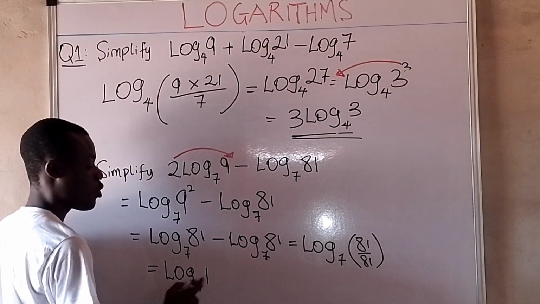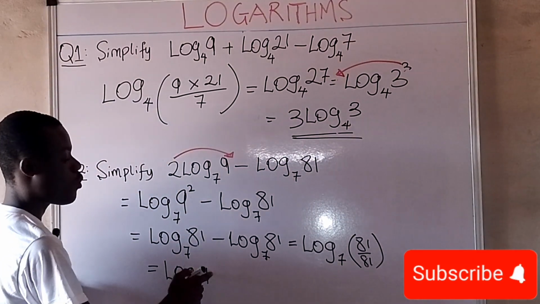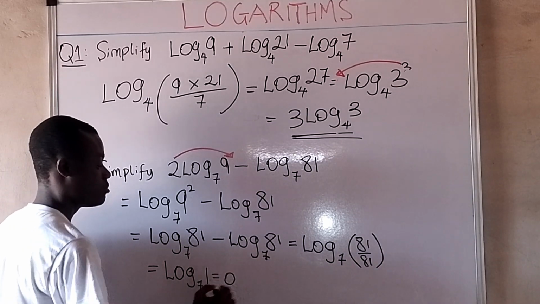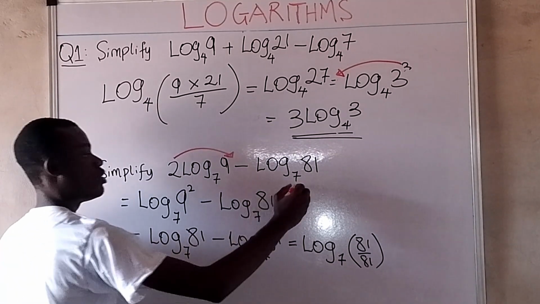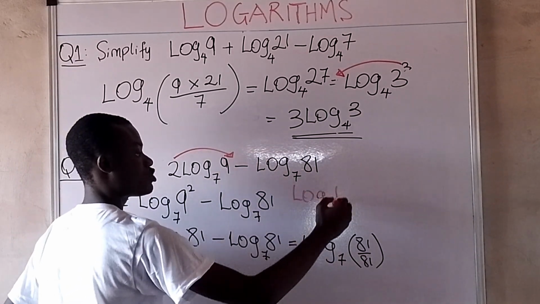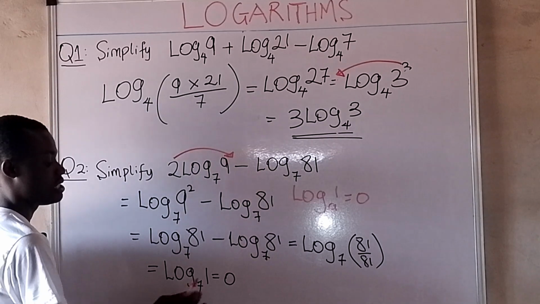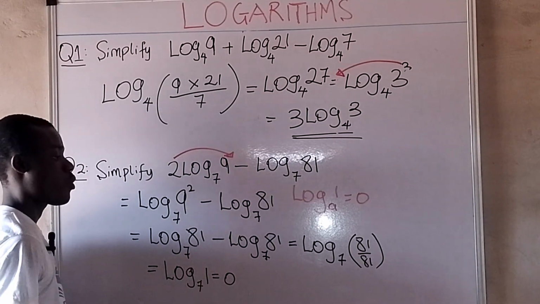So I'm going to write it as log 1 to the base of 7. Now remember, when you have 1 to a certain base, that answer is equal to 0. Remember in our fourth or fifth law, we said log 1 to a base a is equal to 0. So when your number is 1 to any base, it is equal to 0 because 7 raised to the power of 0 is equal to 1.